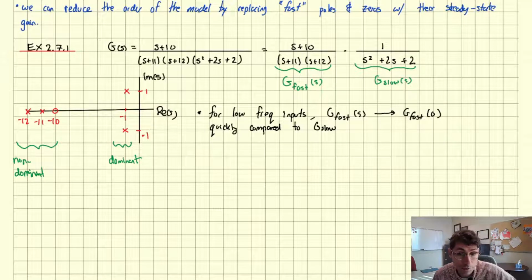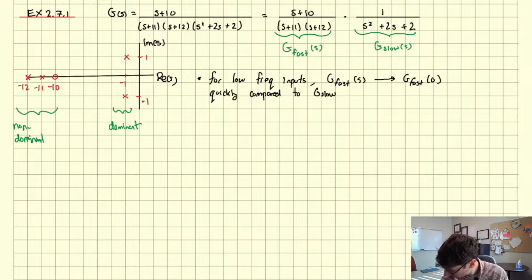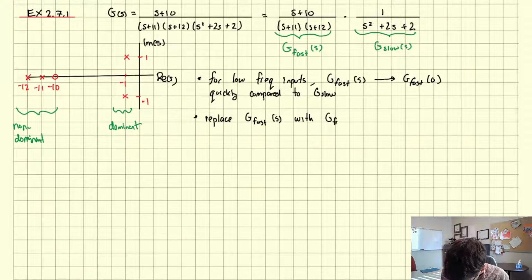And so what we'll do is take our model and replace G fast with that G fast of 0, or steady state gain, which in this case is 10 over 132.